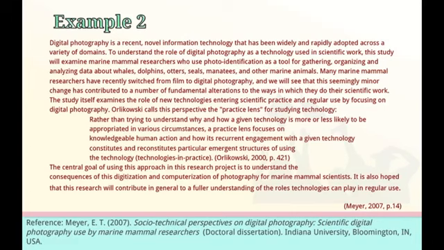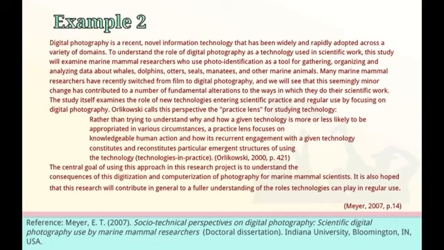And it says, "To understand the role of digital photography as a technology used in scientific work," and that's the purpose, "this study will examine marine mammal researchers who use photo identification as a tool for gathering, organizing, and analyzing data about whales, dolphins, otters, seals, manatees, and other marine animals."